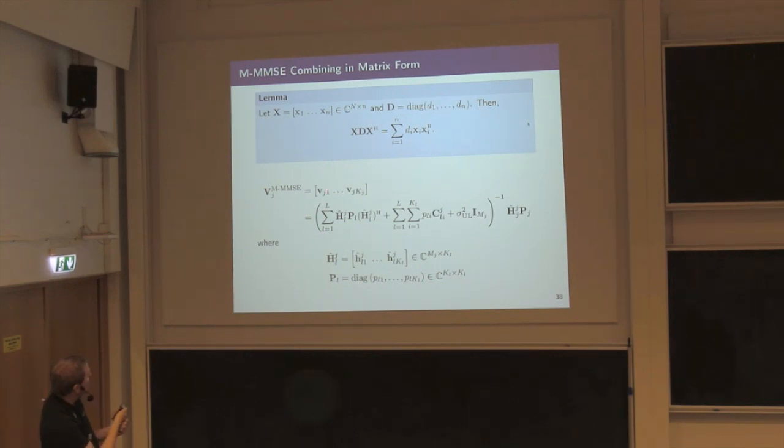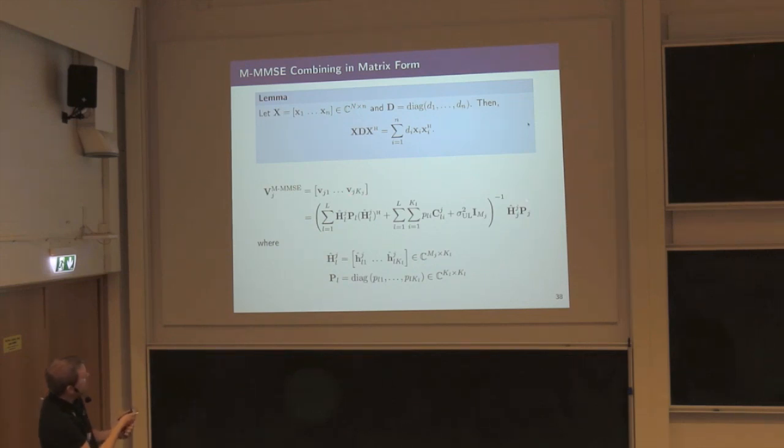We see also here that now it actually doesn't depend on which of the users I'm transmitting to. It's the same expression in this inverse of the matrices. That means I can take the MMSE combining for user 1 up to user K_j in my cell.